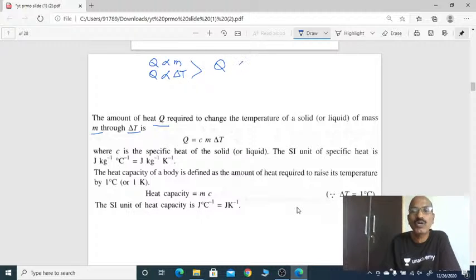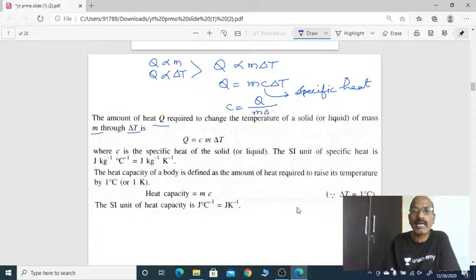Combine these two: quantity of heat supplied is directly proportional to mass and rise in temperature. Make it equal, Q equals mc delta T, where C is specific heat. From this, C equals Q by m delta T. This is the specific heat formula.